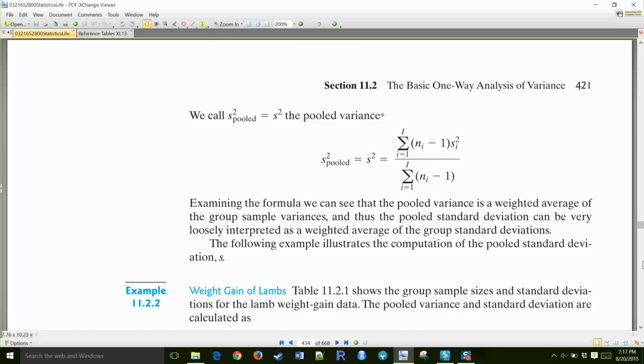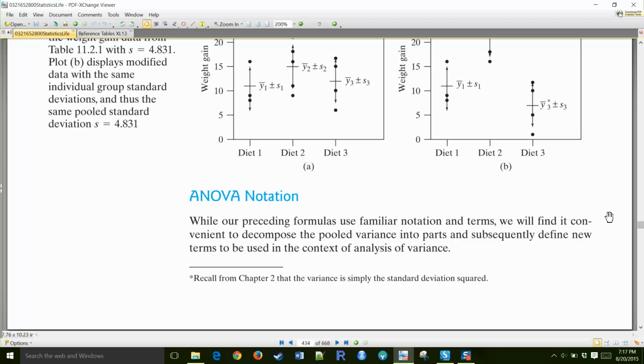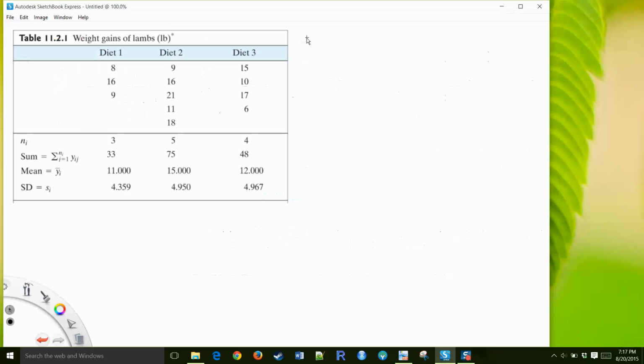The smallest one is 6 and the largest is 21, so I'm going to start it here at maybe 5, 6, 10, and then maybe I'll just copy this.